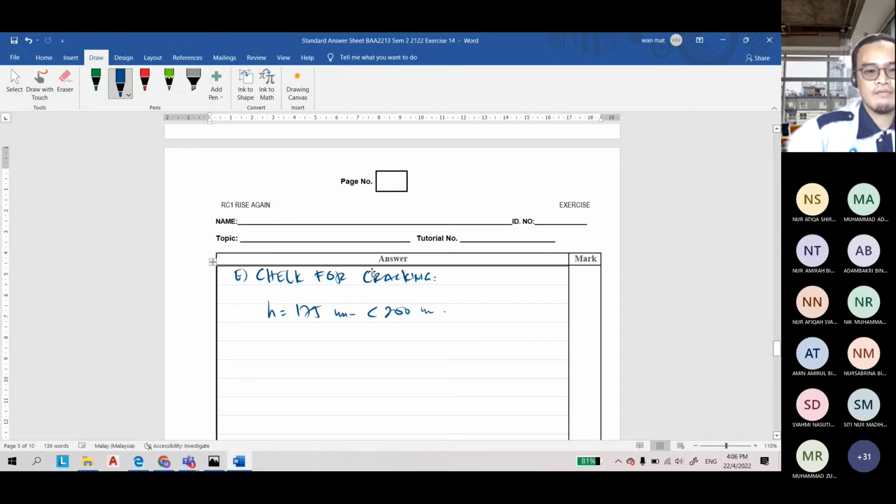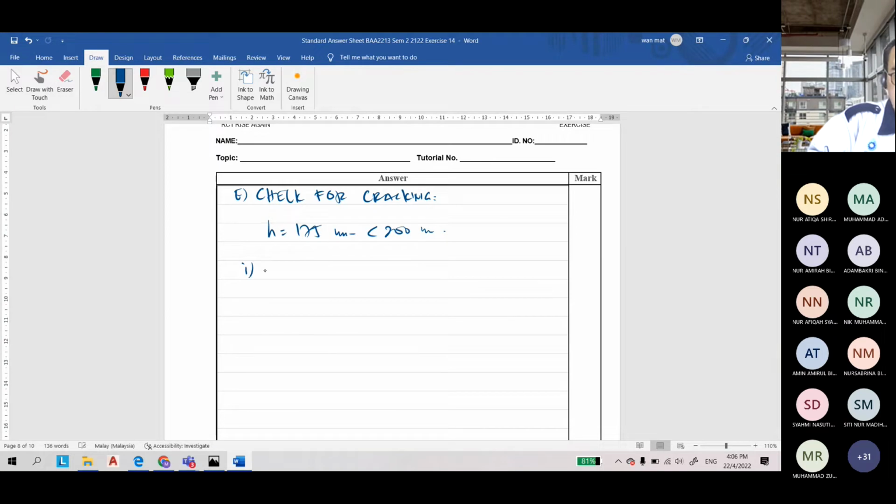So first you check for main reinforcement. S max is equal to 3H lesser than equal to 400 mm, equal to 3 times H, which is 175, lesser than equal to 400 mm. So that is 525. Okay, 525 mm lesser than equal to 400 mm.